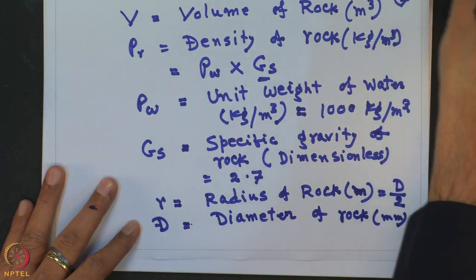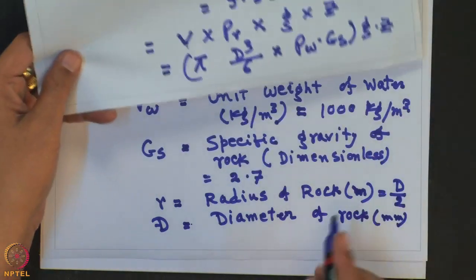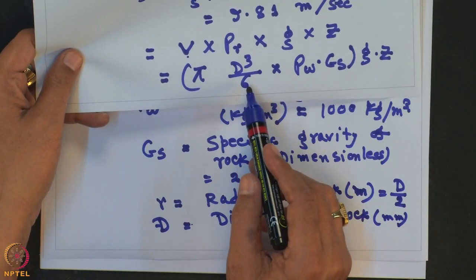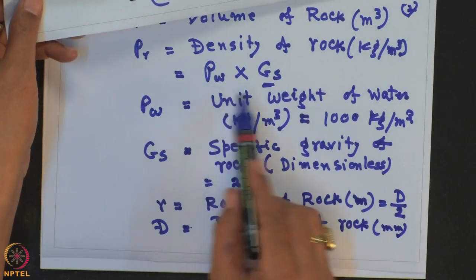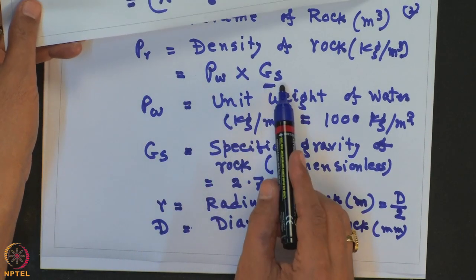So, that is why this equation has d cube by 6. This is rho r, which is rho w into Gs.